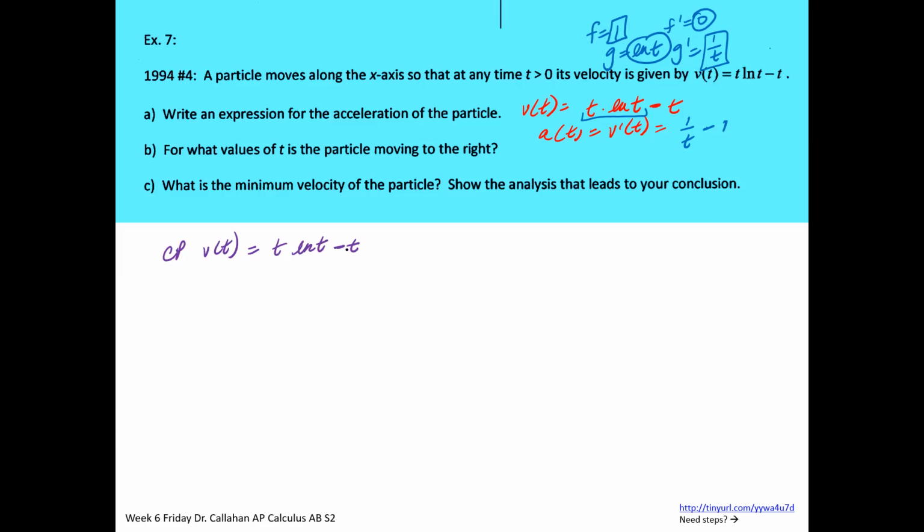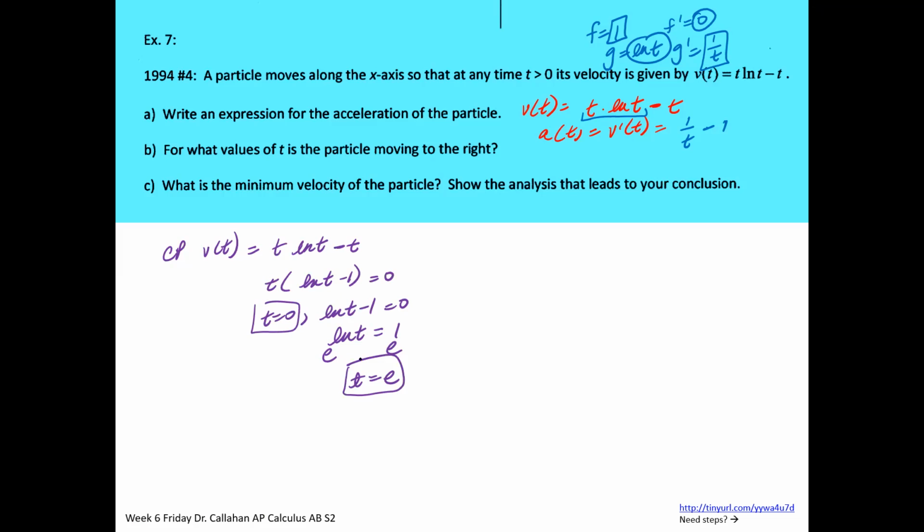Let's see if we can factor out a t. So that's t times ln t minus 1, set equal to 0, t equal to 0. And if you solve for this right here, then I'll have ln t minus 1 equals 0, ln t equals a positive 1. So then if I put an e right here, then t is equal to e.